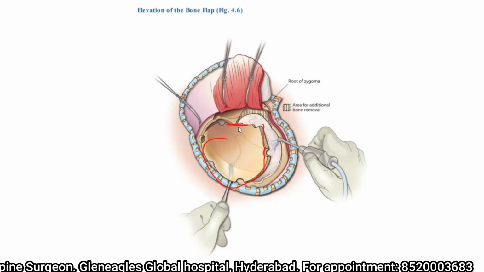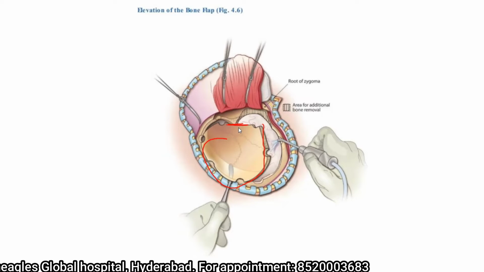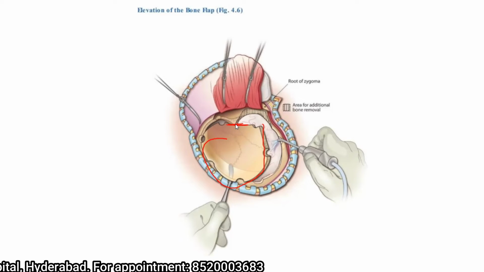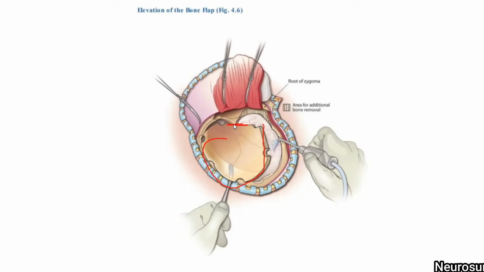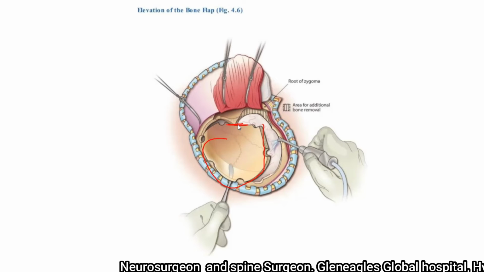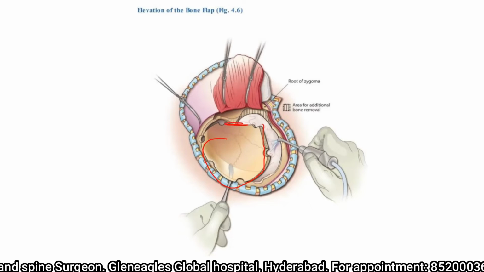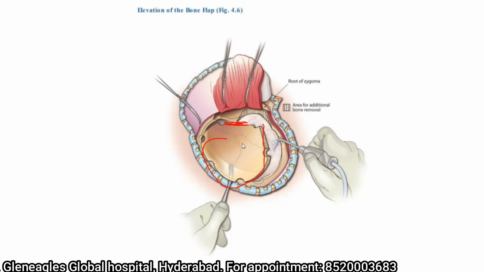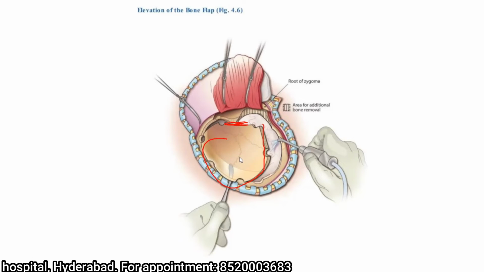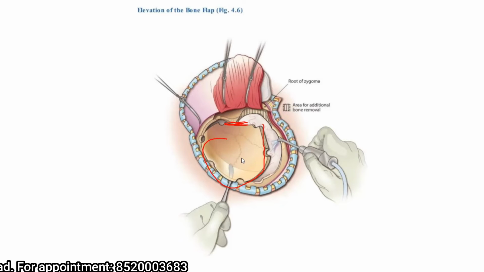If it is thick and not fracturing easily, take additional time to drill it, because if it is very hard and you try to elevate it, the fracture can extend into the base of the skull across foramina like the foramen spinosum, causing injury to the meningeal arteries and torrential bleeding, which is difficult to control. So remember to drill this as papery thin as possible. Once you elevate the bone flap, this usually causes a demonstrable fall in ICP if you have already placed an ICP monitor.